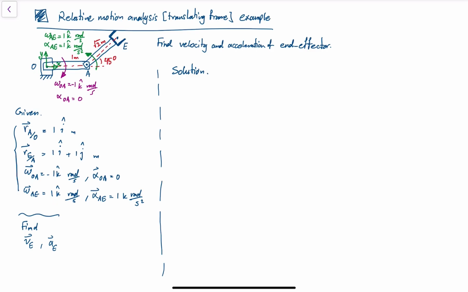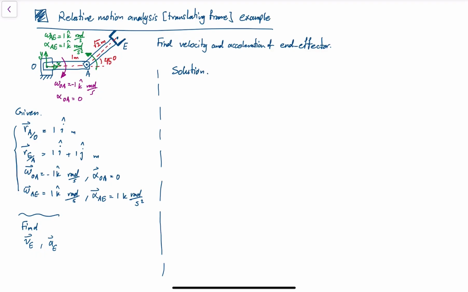Let's start with velocities. To find velocities, it is useful to note that E rotates about point A, pin joint A, given the constant length AE of that link. And A is rotating about O.